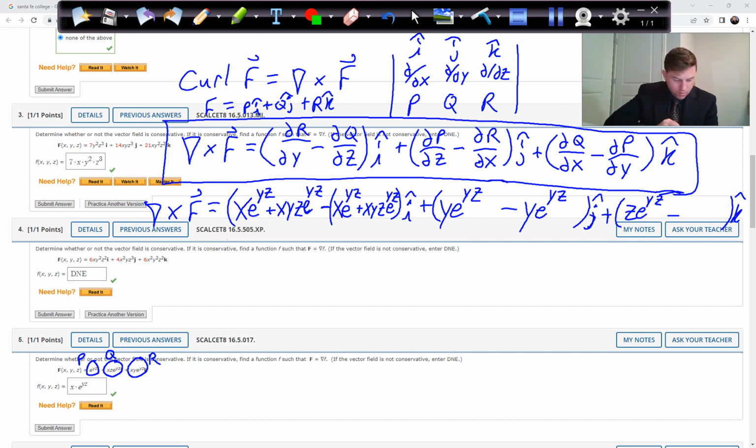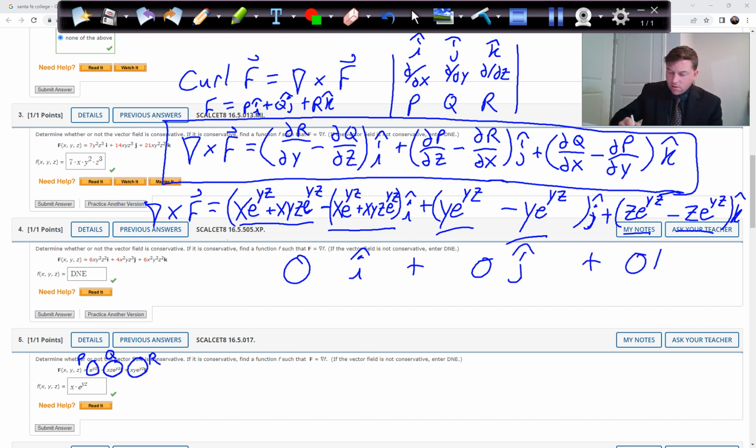And dp dy, you would bring the z down, e to the yz. If you look very carefully, these two terms are exactly the same as these two terms, but there is a minus in front of it, so they're all the same but differ by a minus sign, so they are all going to be zeros.